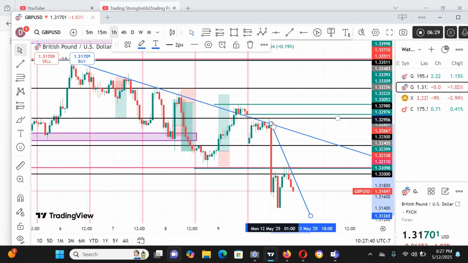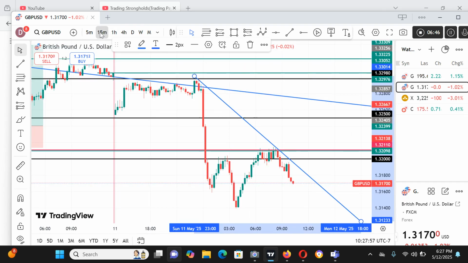In this case, we consider both the candlestick and the wick. You can see the market is on downtrend. Then we go to 15 minutes as day traders to look for our entry.